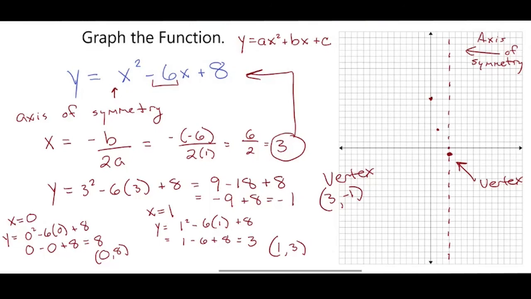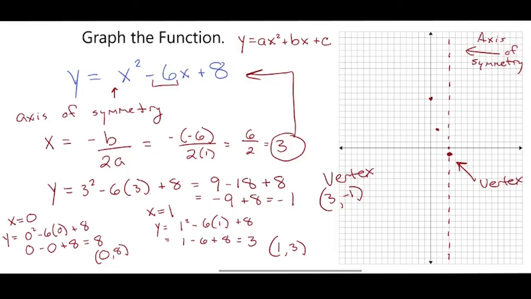All right. So now I need to find out what the other side of the graph is going to look like. And if you'll remember, I told you the axis of symmetry is the dividing line where the left half and the right half will be identical.